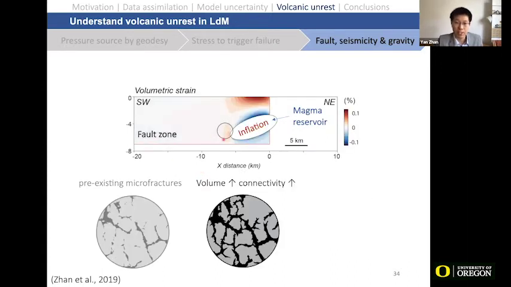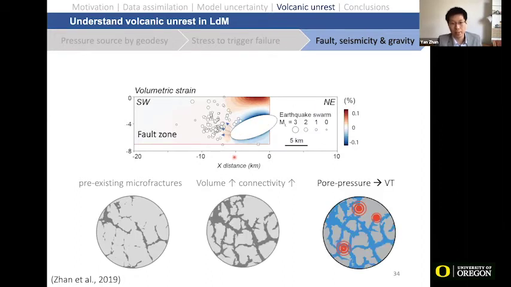So with the inflation of this magma reservoir, some part of the fault will experience dilatancy, where the volume will increase. We argue that this increase of volume may be achieved either by the growth of some microfractures or by connecting some pre-existing fractures, which in the end will increase the connectivity of the pre-existing fracture zone.